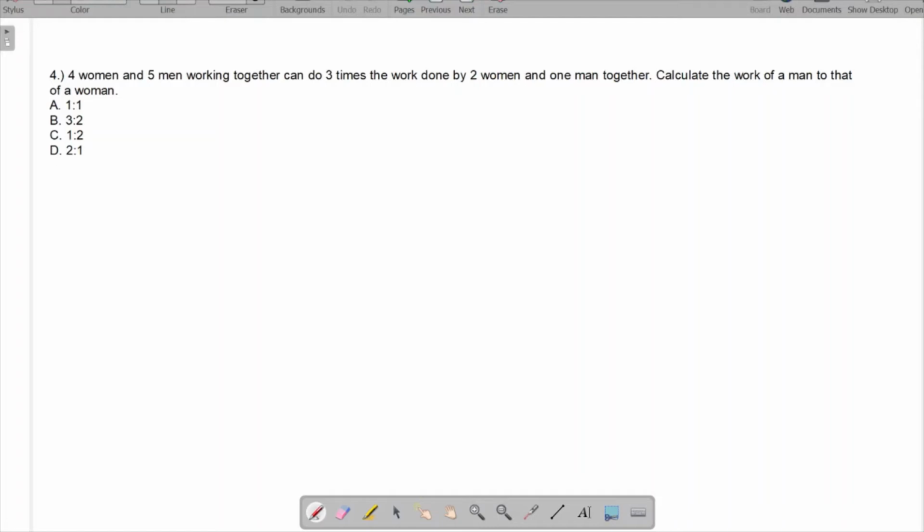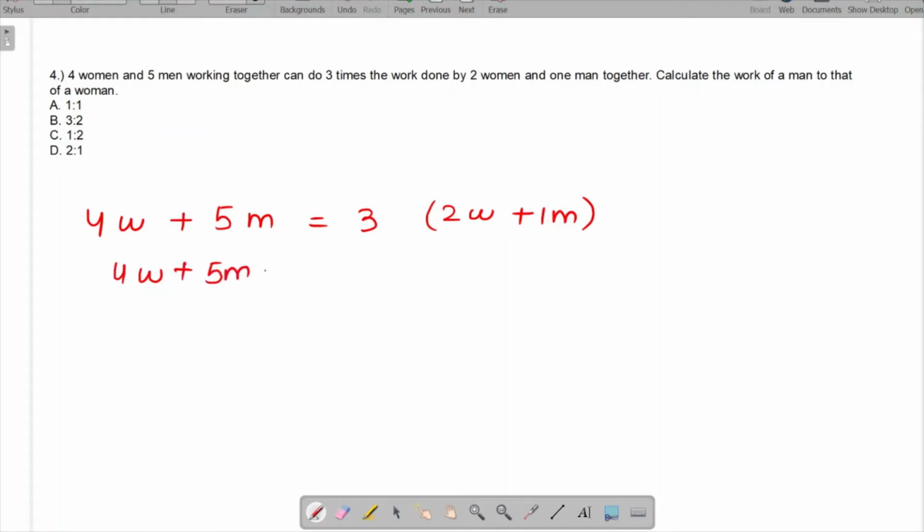It is given that 4 women and 5 men working together can do 3 times the work done by 2 women and 1 man together. So we got this equation. After solving it, we get the simplified equation as 4 women plus 5 men equals 6 women plus 3 men.